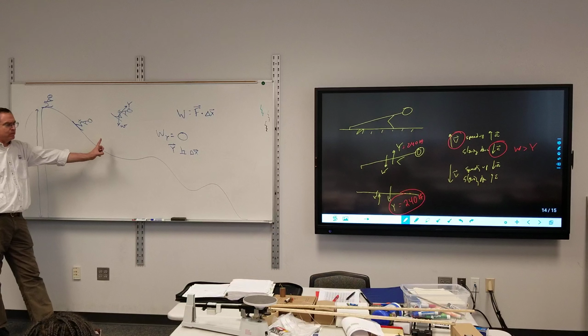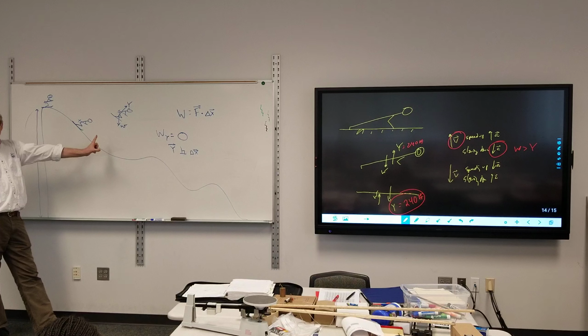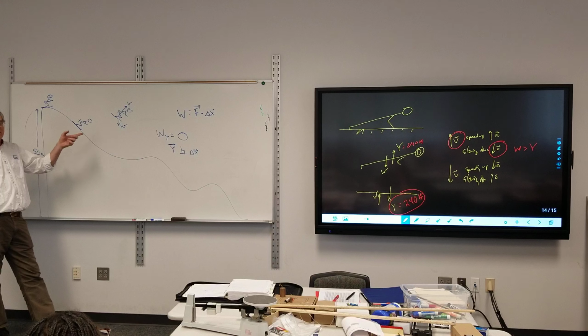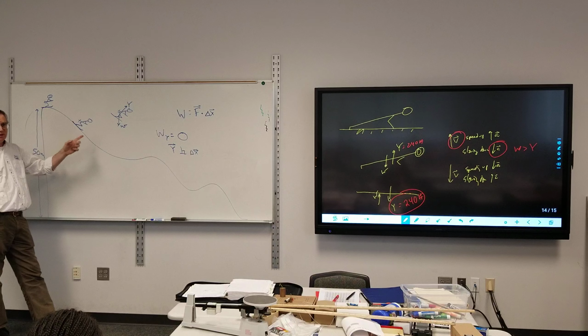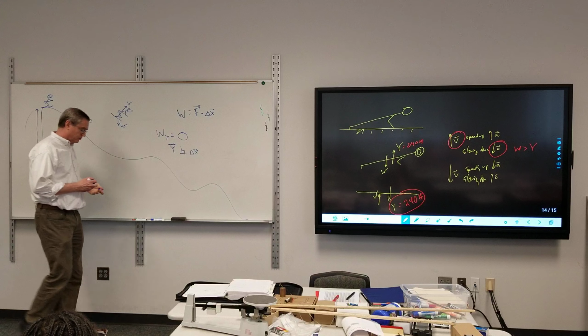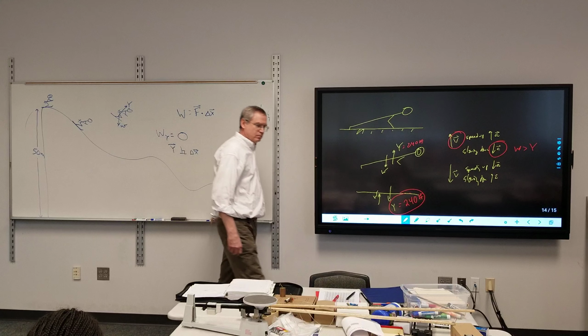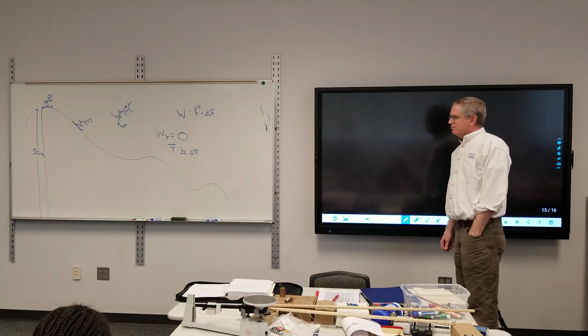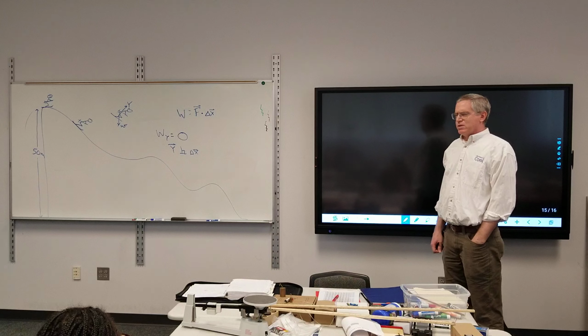No matter what direction the normal force is pointing, the displacement at that moment is perpendicular to it. So the only force doing any work is weight. Therefore, since it's a conservative force, energy is conserved. What does conservation of energy mean?